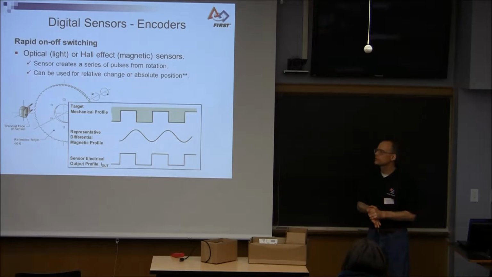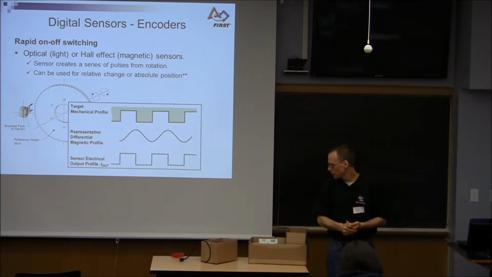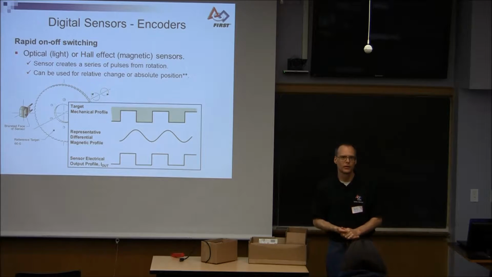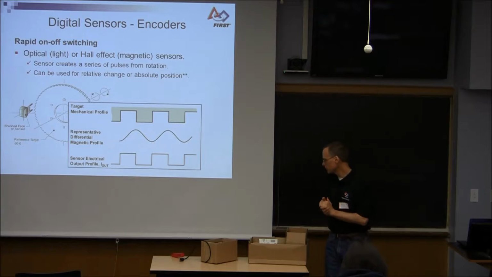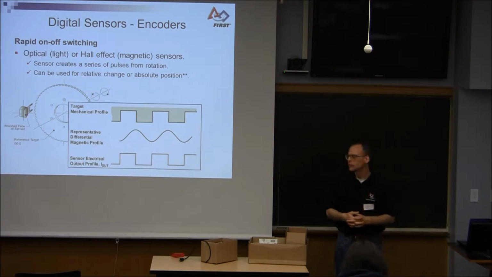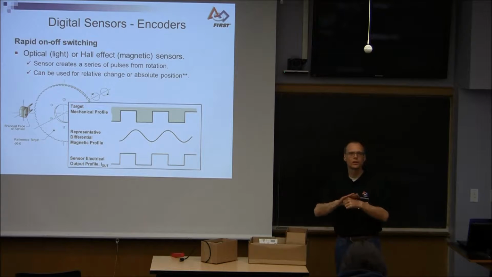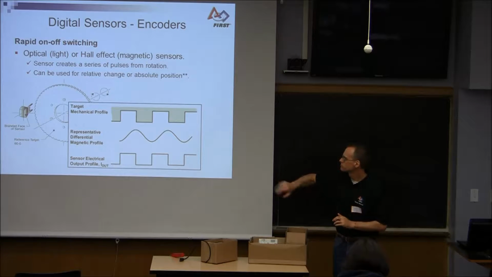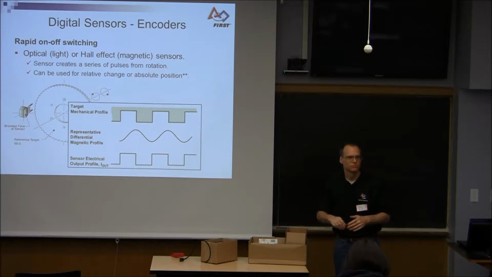Now my favorite digital sensor is an encoder. I love encoders. They're basically rapid on-off switches, and they detect some kind of physical profile, like gears in a T, or some of them have little colored black and white, what would you call them?